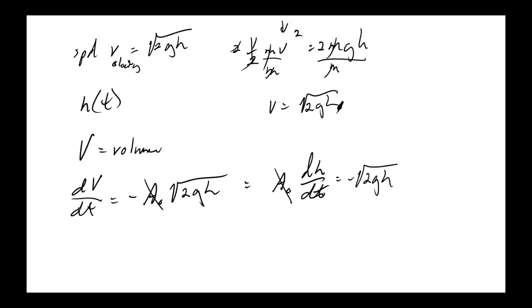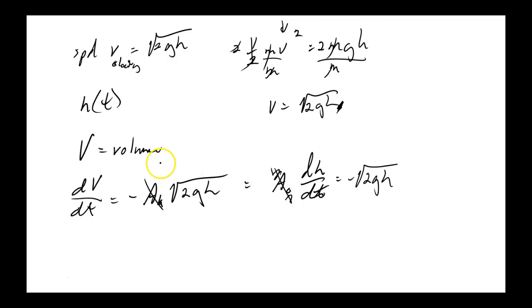If the area of the hole is, I messed this up. This is area of the hole. This is area of the tank. My eyes, I can't. With the cataract, I thought those were the same subscripts. They're not. Okay. So then they don't cancel out.